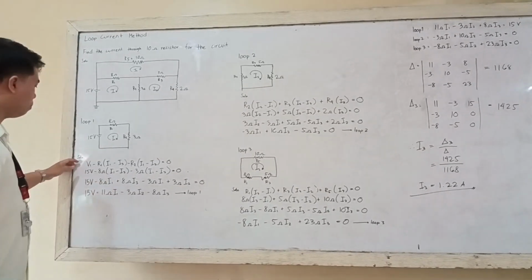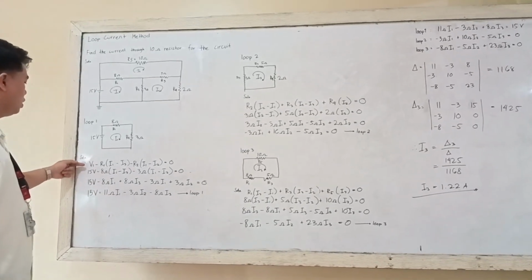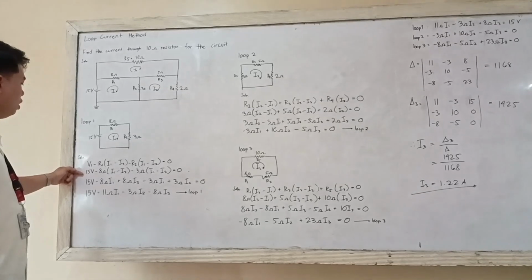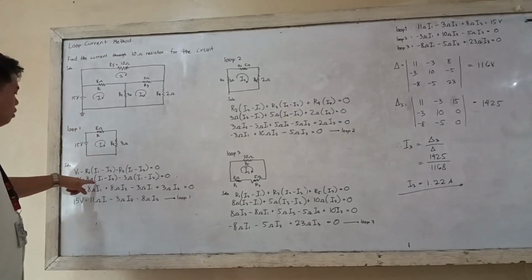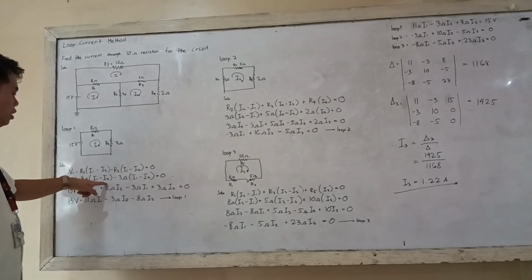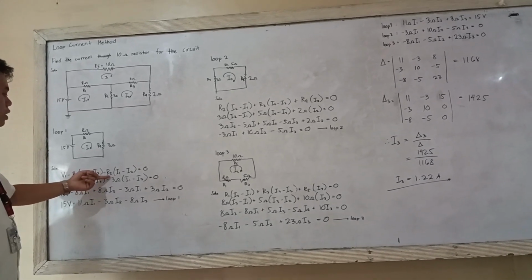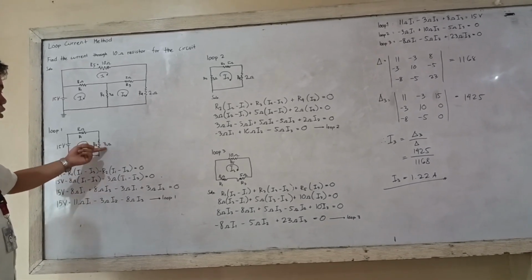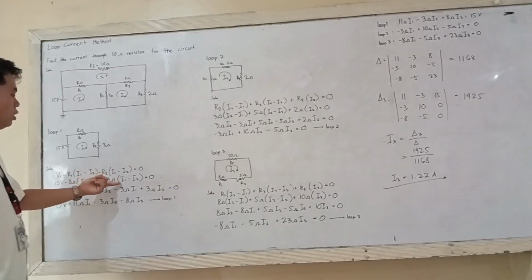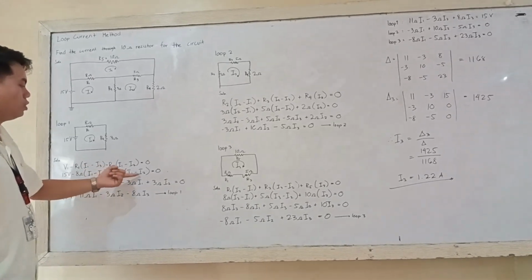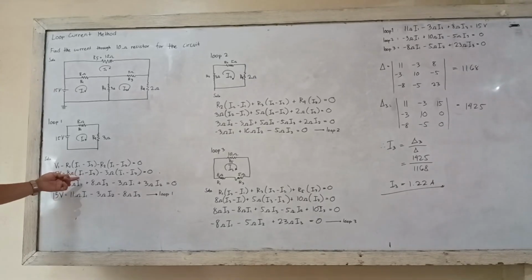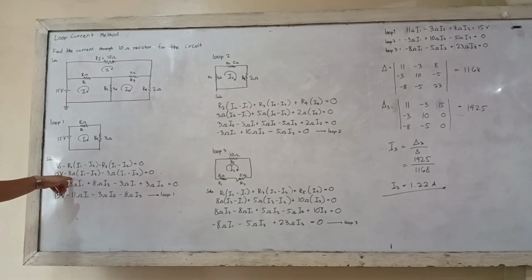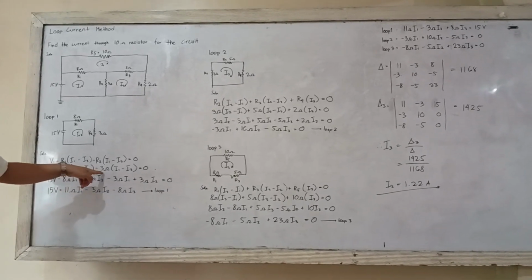So we will plug in the given: our V1 is 15 volts, our R1 is 8 ohms, quantity I1 minus I3, and our R2 is 3 ohms, quantity I1 minus I2, is equal to 0. And then we will substitute the 8 ohms and the 3 ohms.